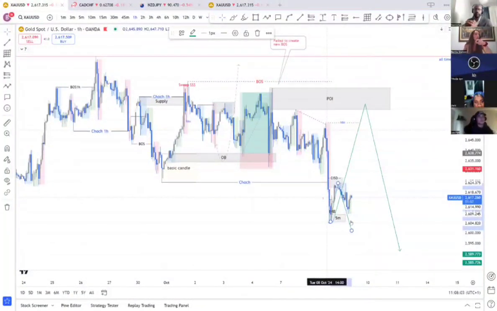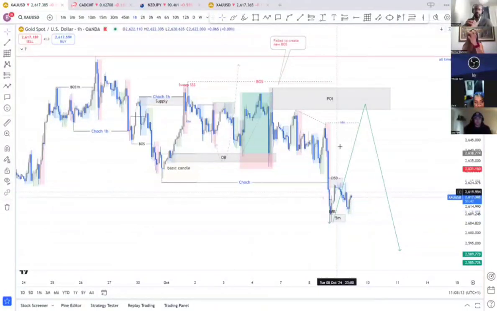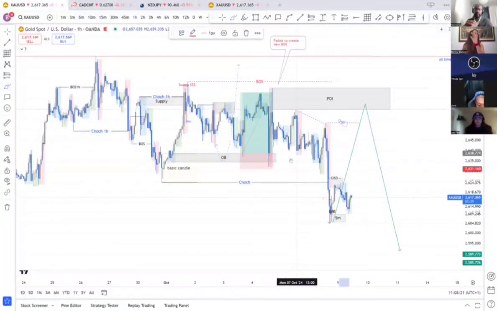But since there is no break here to validate this inducement, we can just see the price regulating itself right here, and the inducement remains here. And I usually mark this as a liquidity pool. This is our liquidity pool, which the price must take in order to gain enough momentum and go sell again.